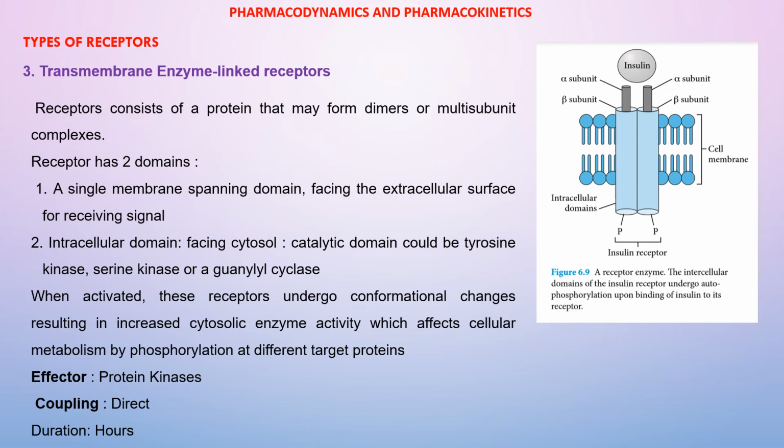On activation, the receptor undergoes conformational changes and affects cellular signal transduction by phosphorylation of different target molecules. The figure on the right shows an enzyme-linked receptor activated by insulin molecule, leading to autophosphorylation of the receptor. This initiates a cascade of signaling pathways.